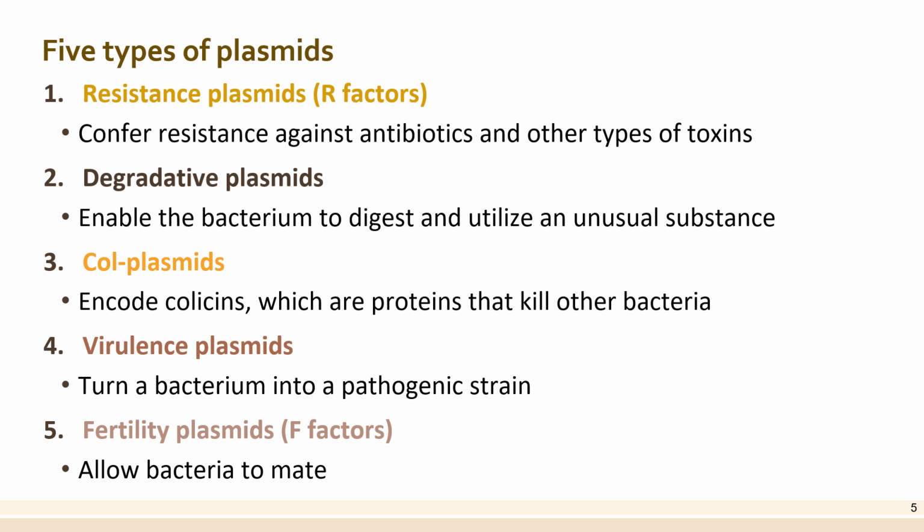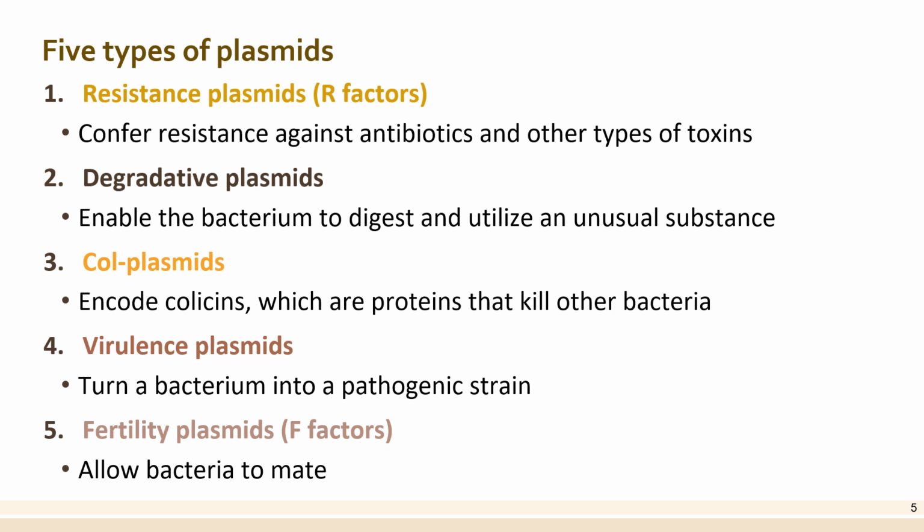Bacteria may also have degradative plasmids. These are similar to the antibiotic or toxin plasmids, except that they serve a metabolic use. They are digesting or using something unusual in the environment.